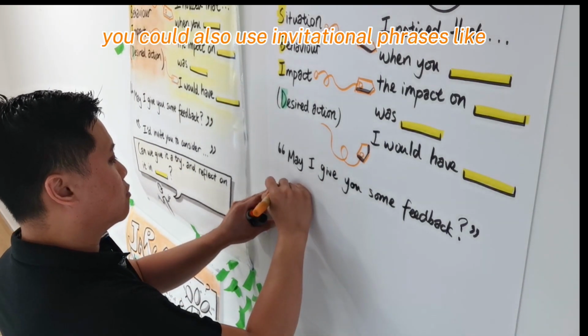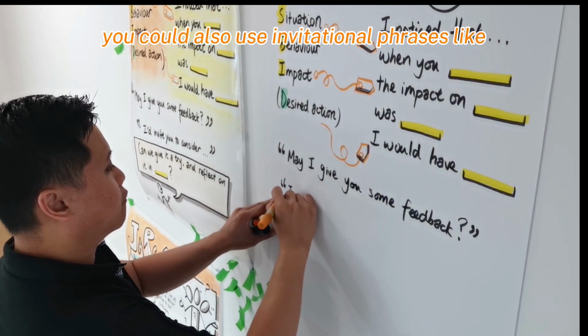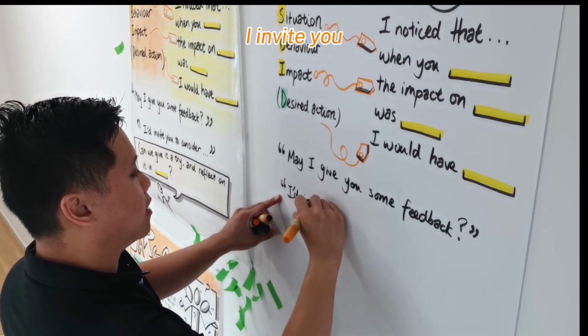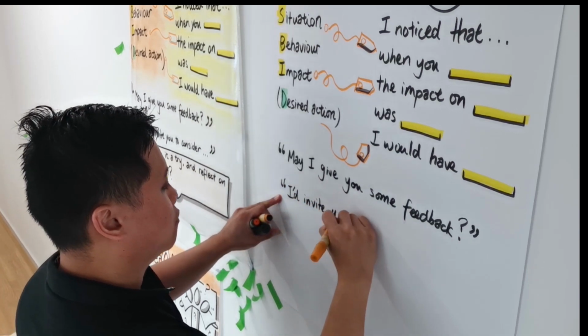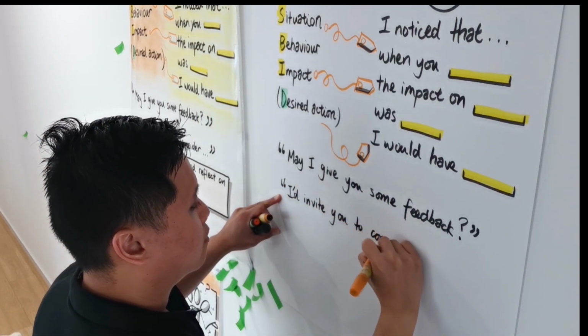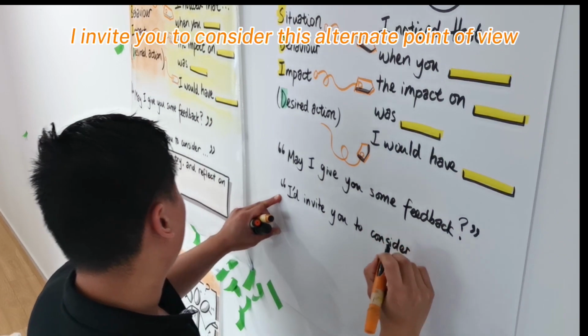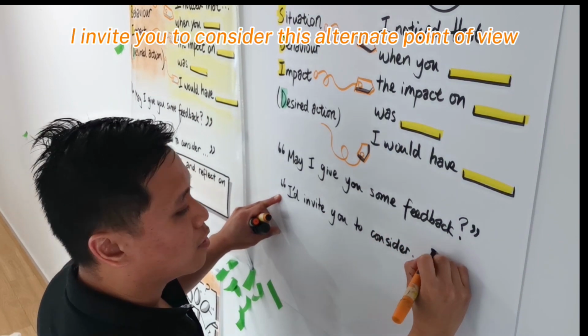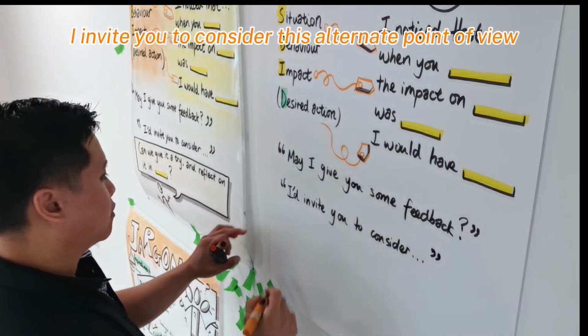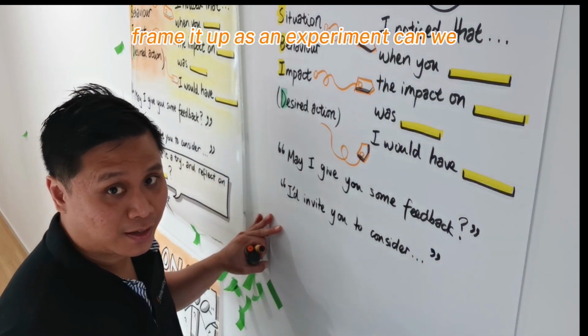You could also use invitational phrases like, I invite you to consider this alternate point of view. Frame it up as an experiment.